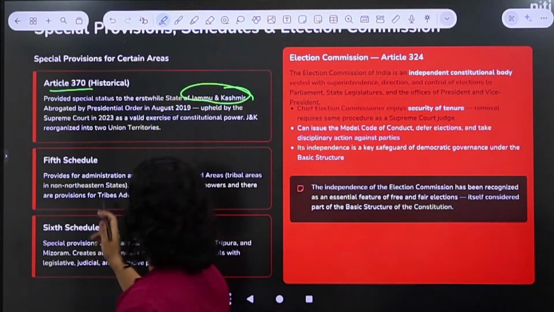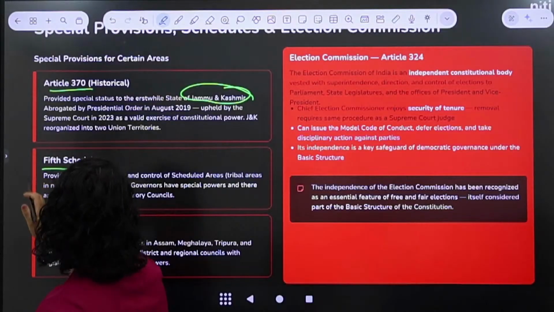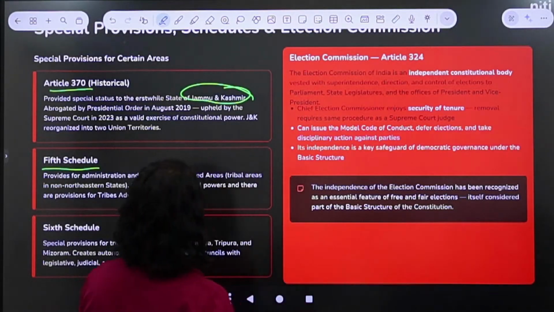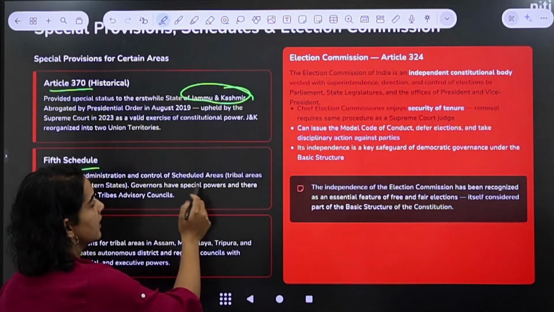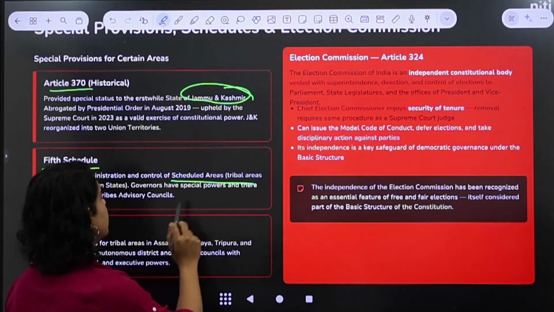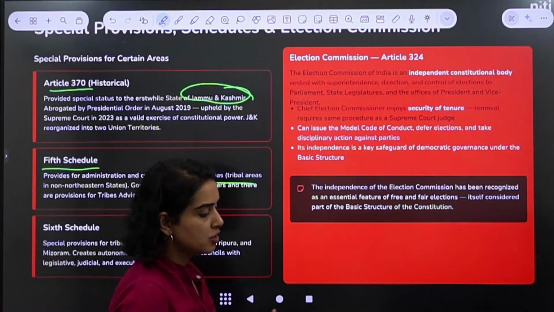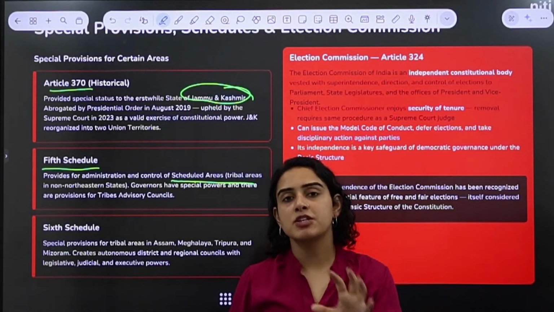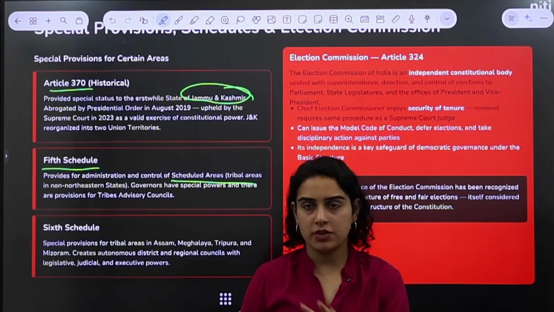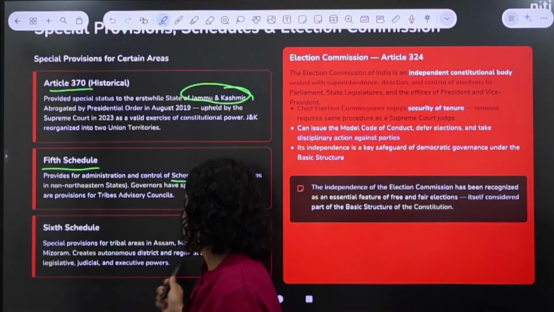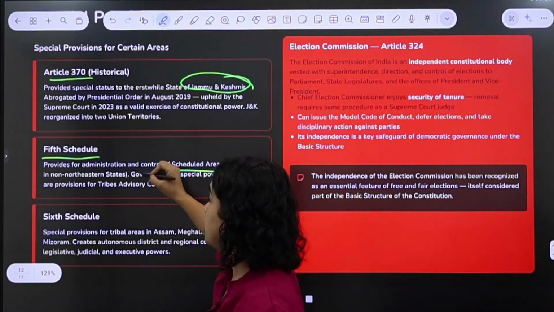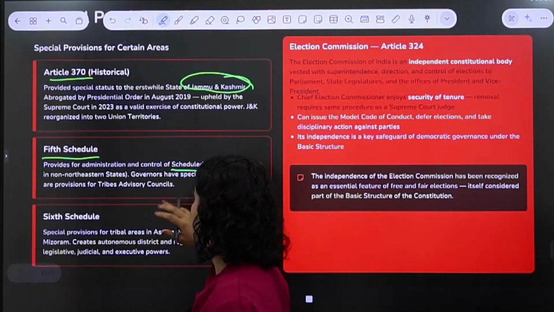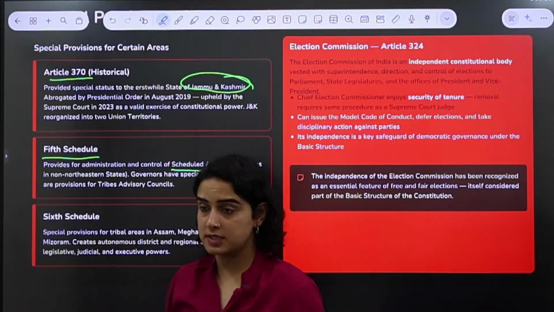And then we have the fifth schedule. Fifth schedule talks about some special rights of scheduled areas, some tribal areas. It mentions some areas, some tribes, and some special rights that are available for those tribal areas. The fifth schedule does not include any area from the northeastern states.